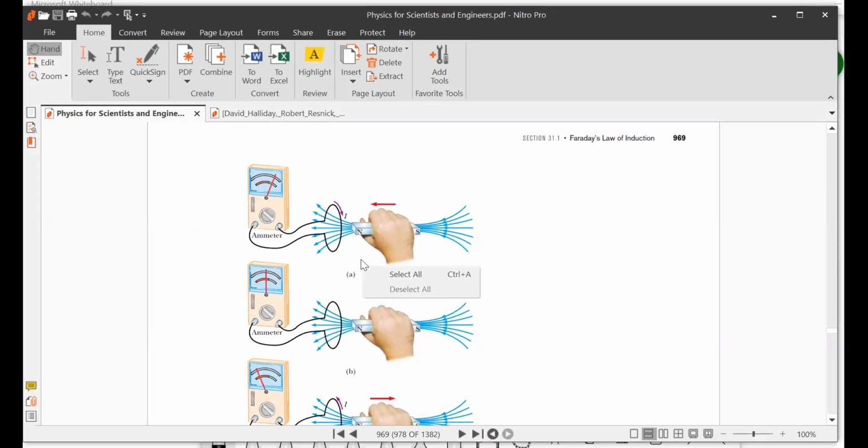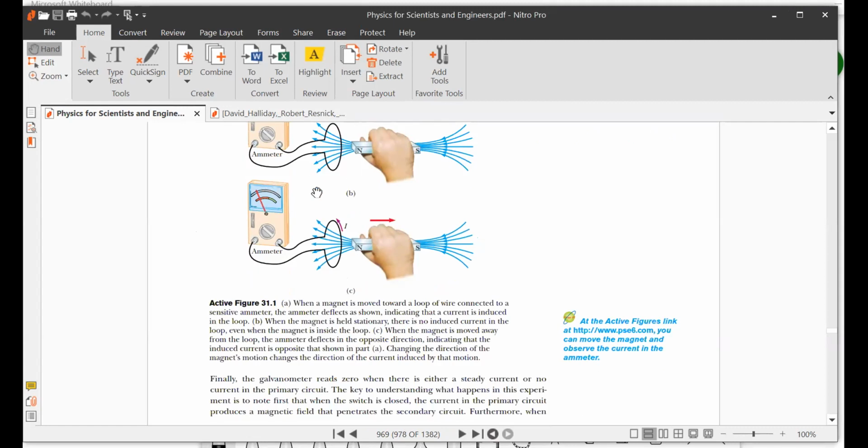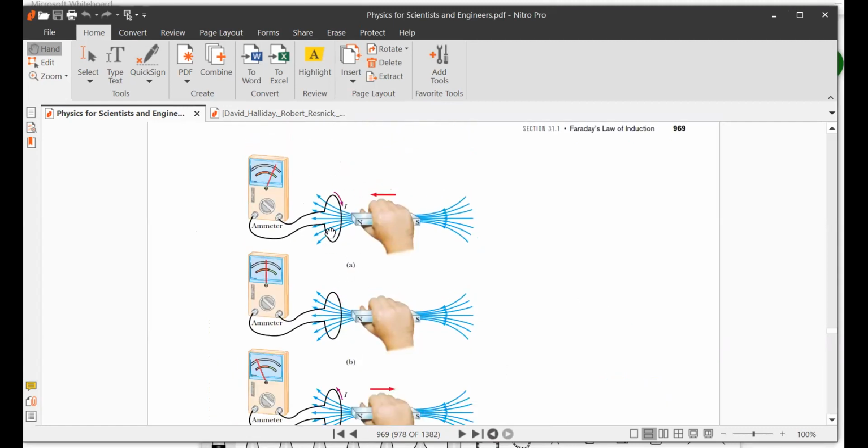If you move it toward a coil, there is a current, indicated by the needle of this ammeter moving. This is the induction of electric current, and the direction is like this.